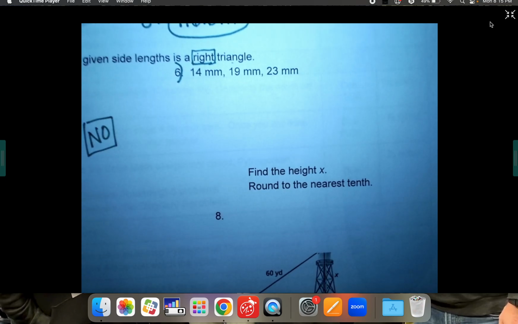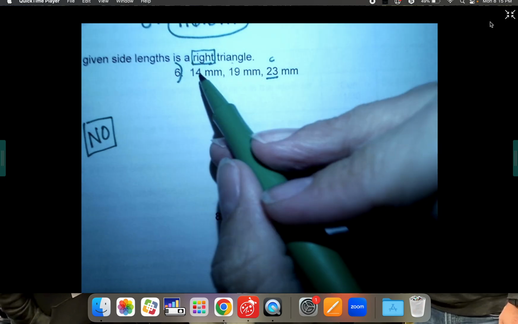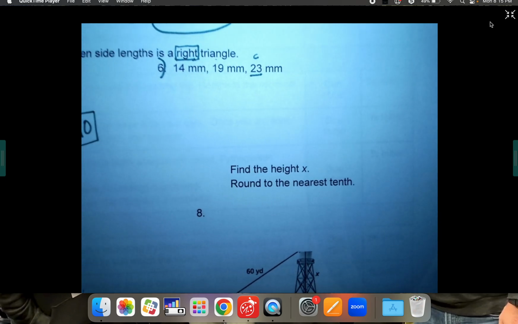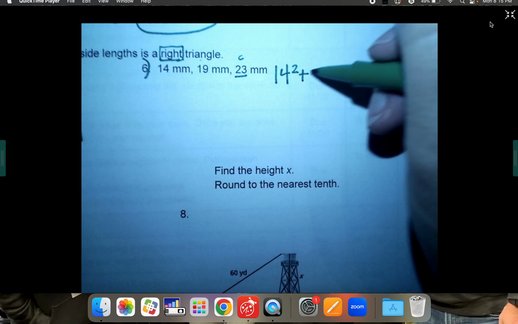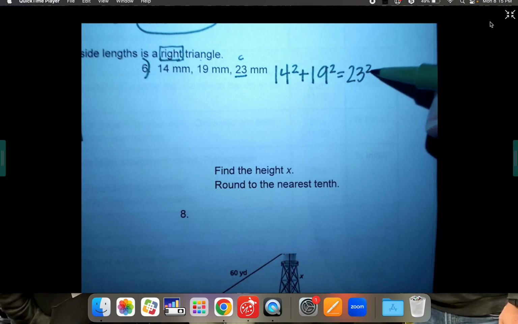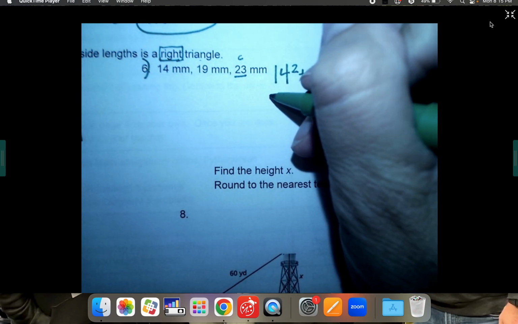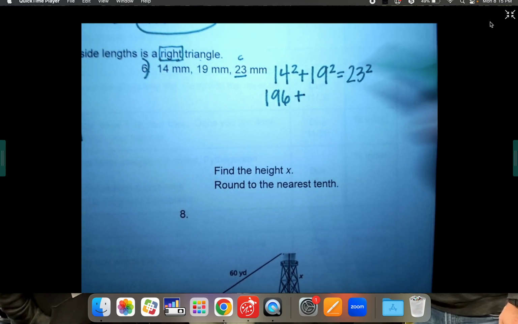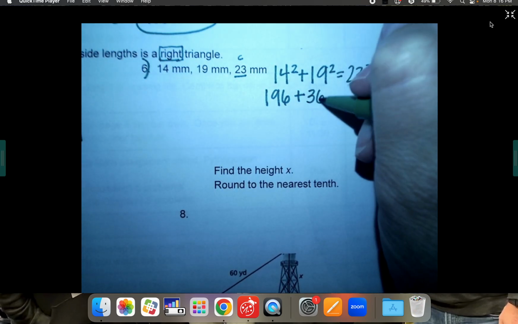All right, number 6, the longest side is 23, so that has to be my C. The other two could be A and B, B and A, it doesn't matter. So I'm going to check and see if 14 squared plus 19 squared exactly equals 23 squared or not. 14 squared is 196. 19 squared is 361.